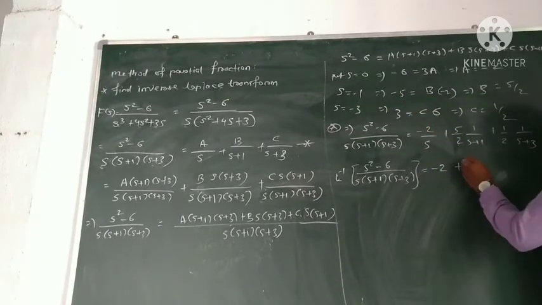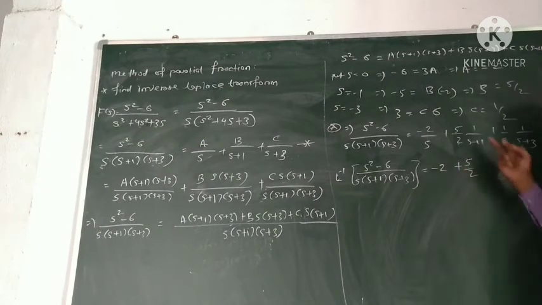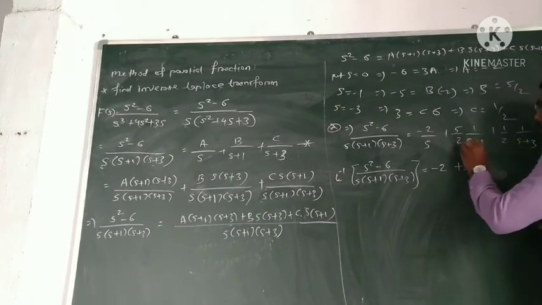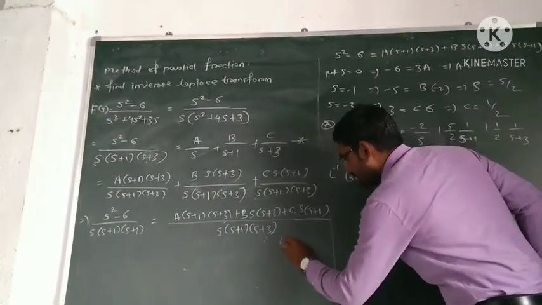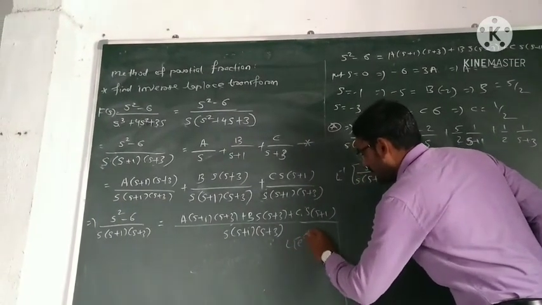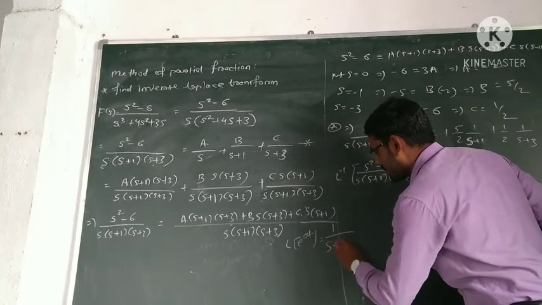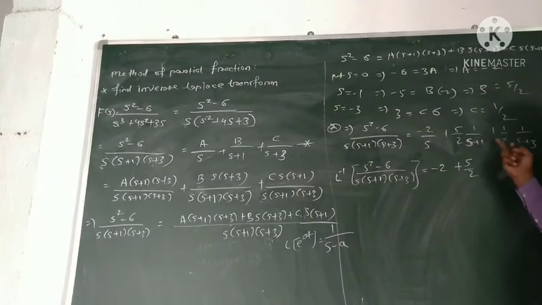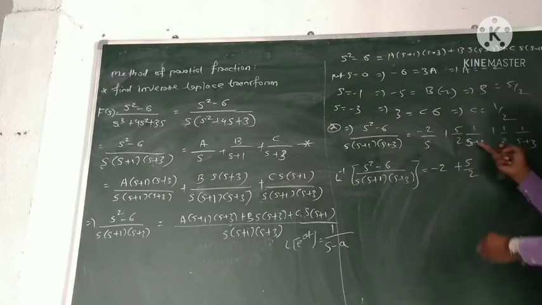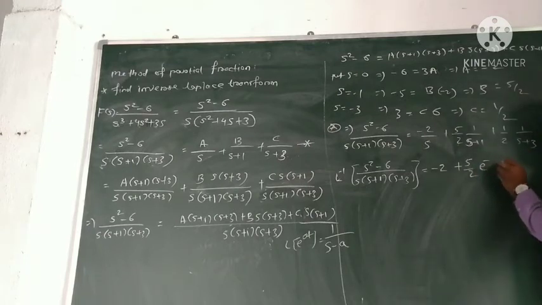Then 5 by 2 as it is, into the inverse Laplace transform of 1 upon s plus 1. We know the Laplace transform of e raised to power at is equal to 1 upon s minus a. Here 1 upon s plus 1, that is 1 upon s minus of minus 1. This is nothing but e raised to power minus t. Why?